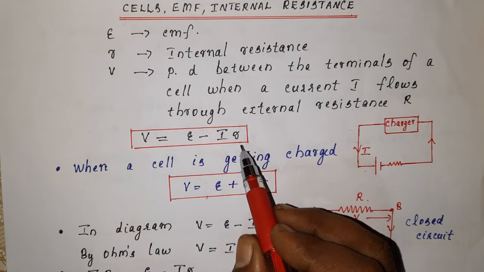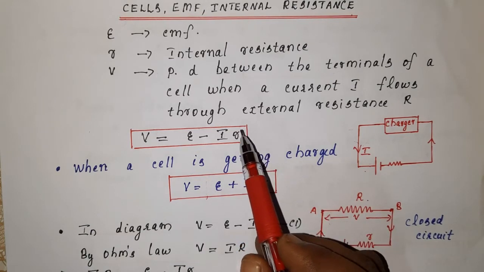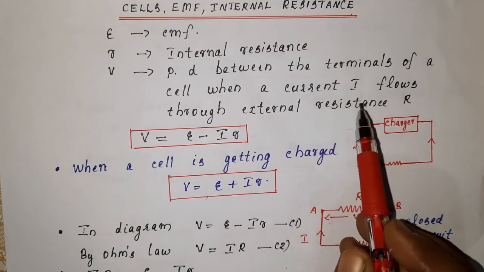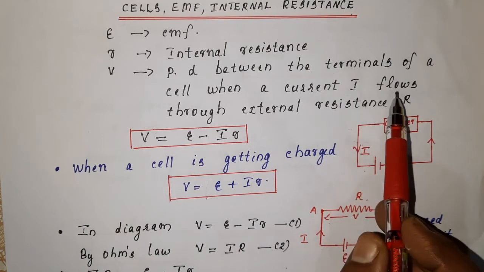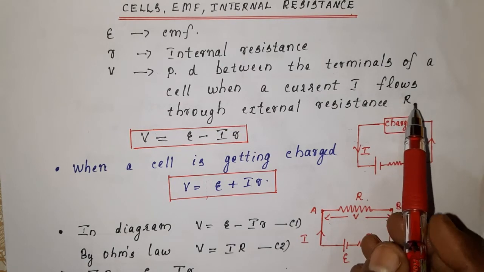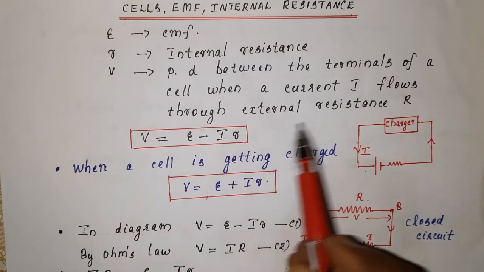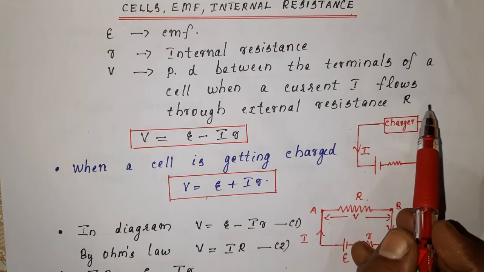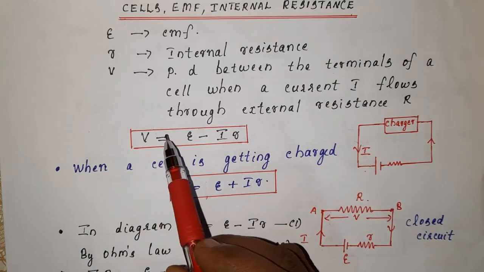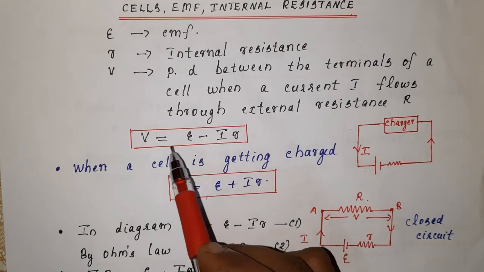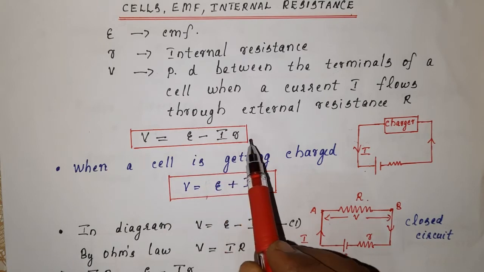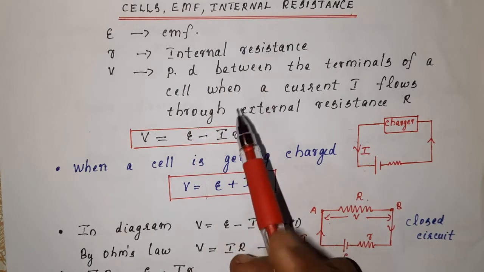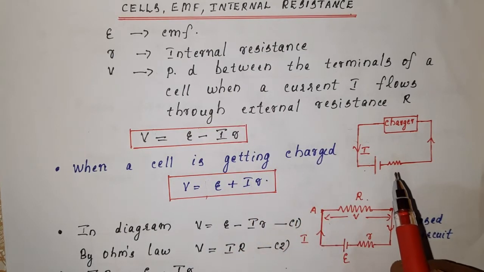It means that when a current I is drawn from the cell and flows through the external resistance R, the potential difference between the terminals is V = epsilon - Ir, where epsilon is the EMF and small r is the internal resistance.